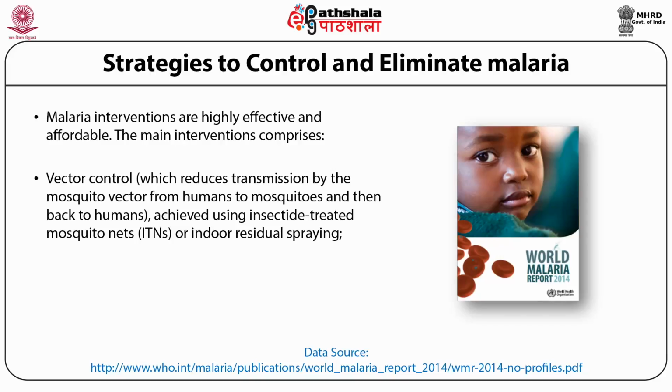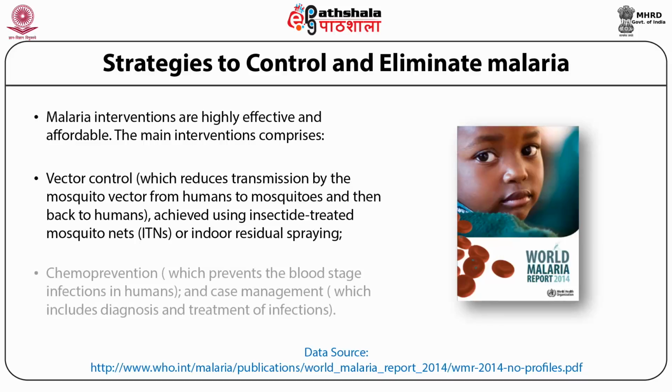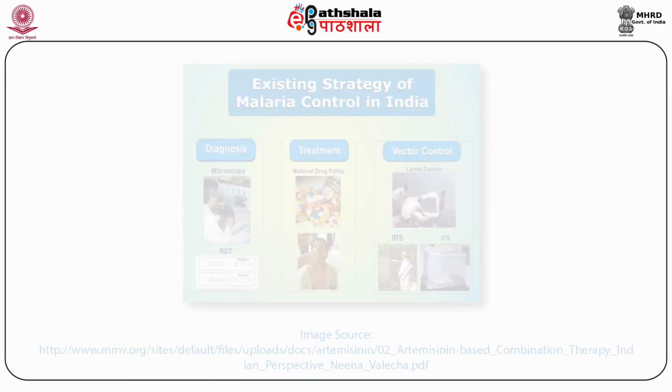Second, insecticide-treated mosquito nets. Third, indoor residual spray. And fourth, chemoprevention, which prevents blood stage infection growing in the human blood circulation. And finally, it also includes case management, where proper diagnosis and treatment of the infections are done.